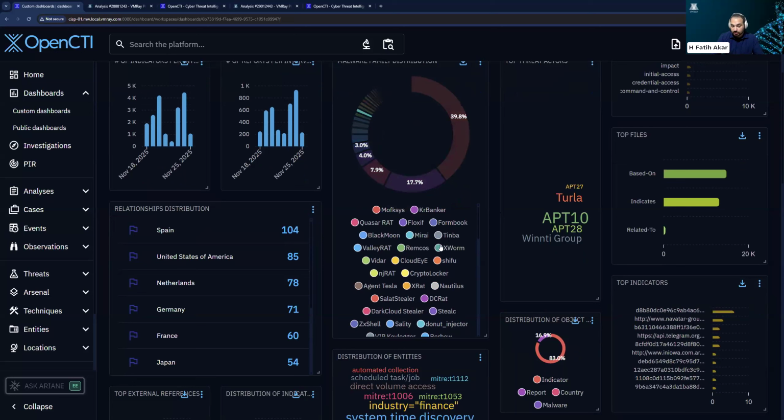We can also give, in some scenarios, the country that a particular indicator is targeting, right? And we do this via passive DNS enrichments, and in there we can understand how many times a certain domain address is being resolved, right?